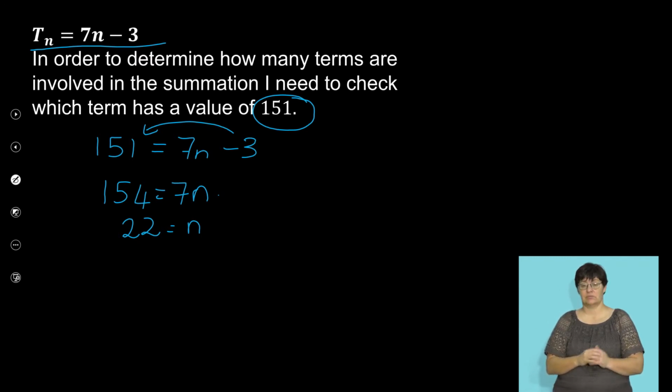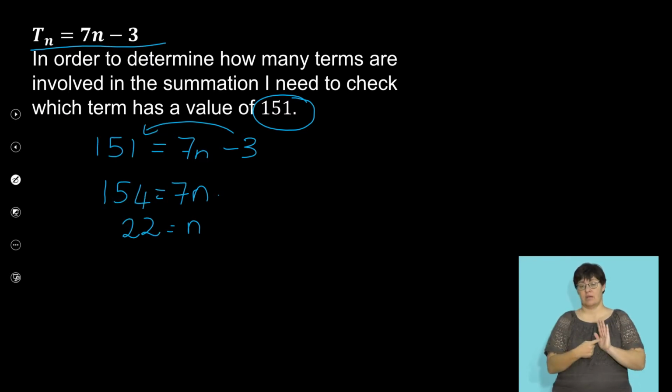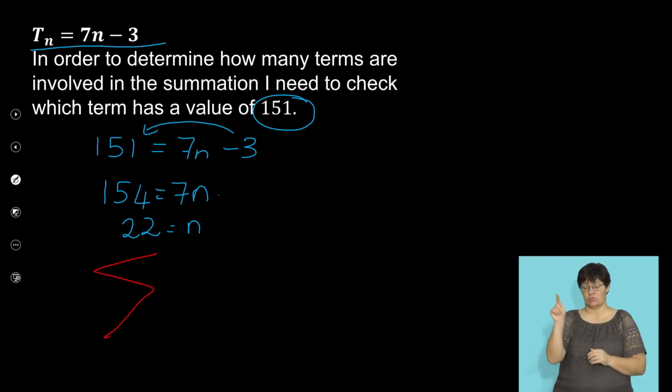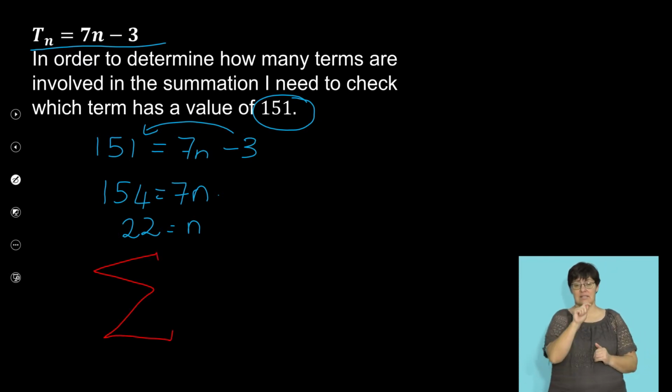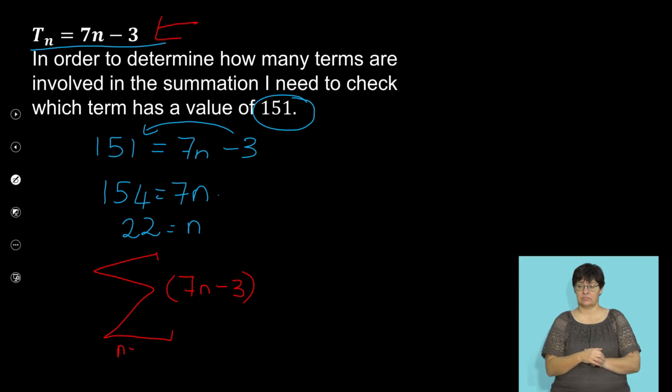Now is the point where I'm going to represent it in sigma notation. So we're going to draw our sigma sign. We already know what our Tn is. So our Tn, which we can see at the top over here, is 7n minus 3. Now what I need to fill in is the number that I start substituting in and the number that will help me get the value of the last term.